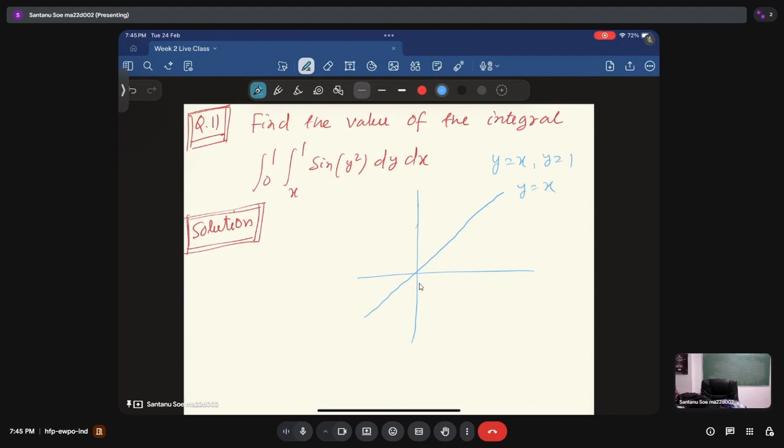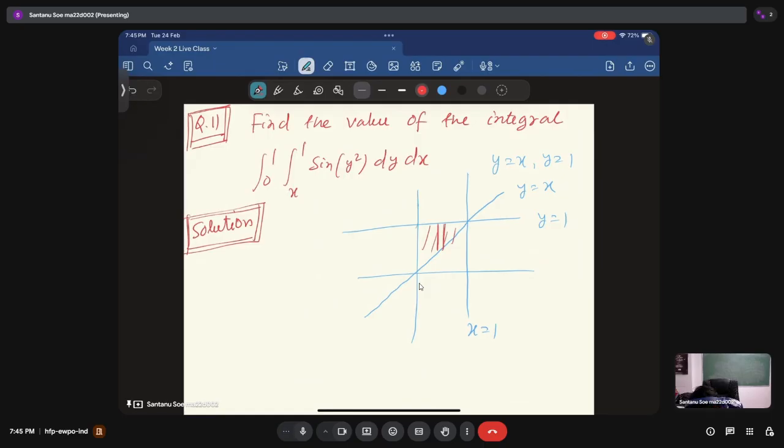And this is the line y equals 1. And x is also varying from 0 to 1. So this is our line x equals 1. Okay. So x is from 0 to 1 and y is from x to 1. So that means this should be the region, because they have taken the strip like this. That's why y is varying from x to 1.